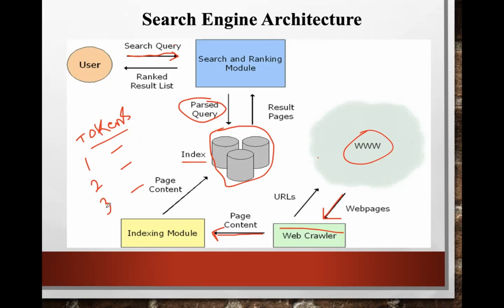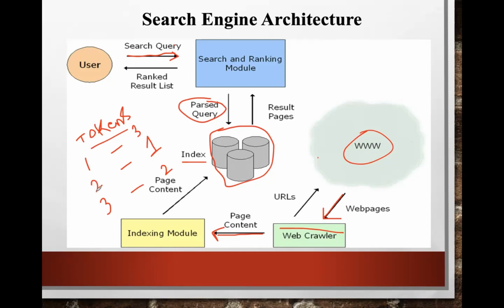Say these are the 3 documents. When ranking is given, say the rank given to the second document is 1, the third document is 2, and the first document is 3. Based on this ranking, the documents will be provided as output to the user.